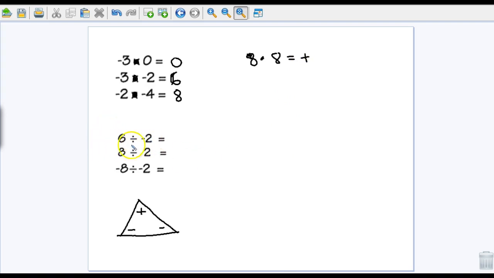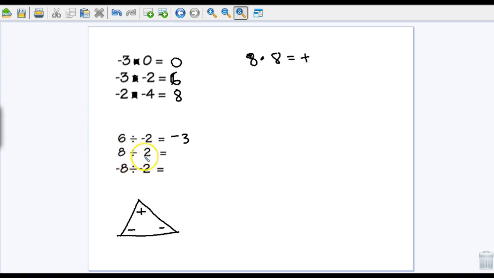So now I have division. I have 6 divided by 2. Same rule. I have a positive 6 and a negative 2. So if I cover up these two, my answer is going to be negative. So I can just write my negative. 6 divided by 2 is 3, and we just write our answer there, negative 3. Have a positive divided by a positive. Remember, we don't have to do the triangle method.